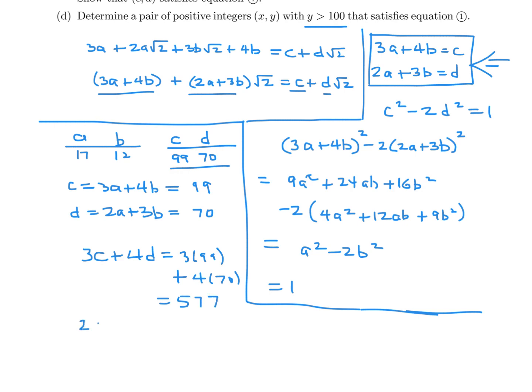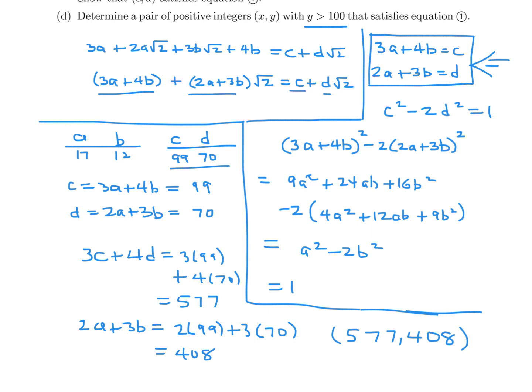And then I can do that 2a plus 3b part. So that's going to be 2 times 99, and then plus 3 times 70, and that is 408. So this 577 and 408 also satisfy equation 1, and this gives me a y value greater than 100. So that would be sufficient to answer this question.